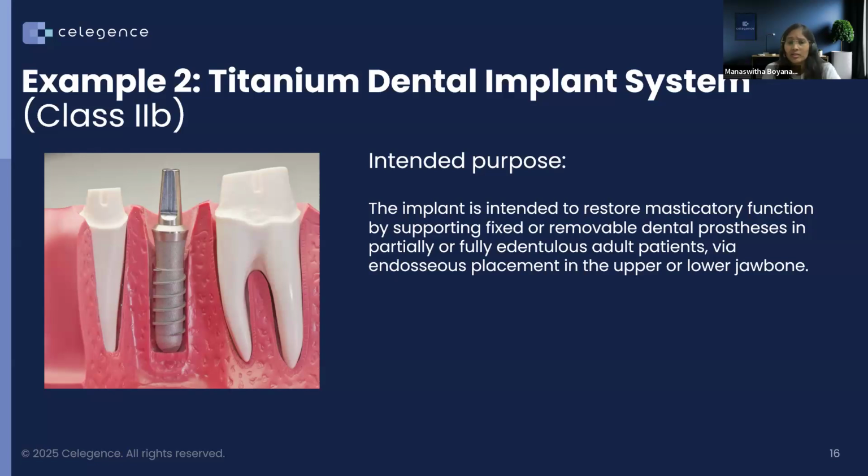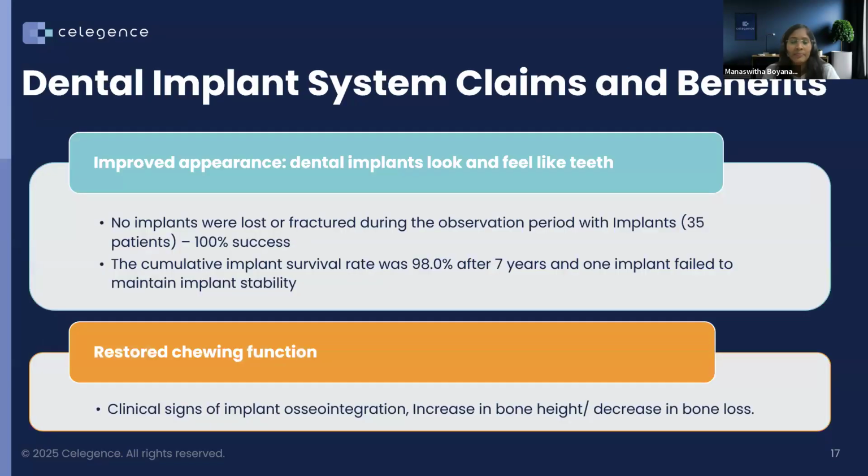So here, the clinical data has to be of sufficient quality and quantity, looking at the indications of the device. The clinical benefits represented in the clinical evaluation report should be measurable and meaningful, the outcome parameters should be listed, and the clinical endpoints should be measurable.